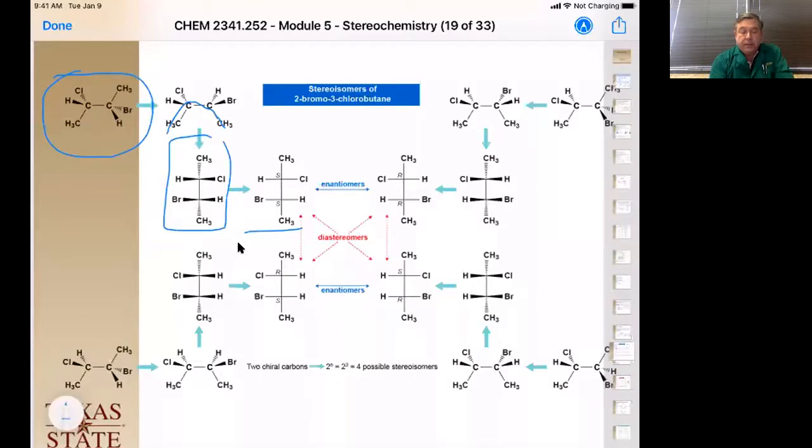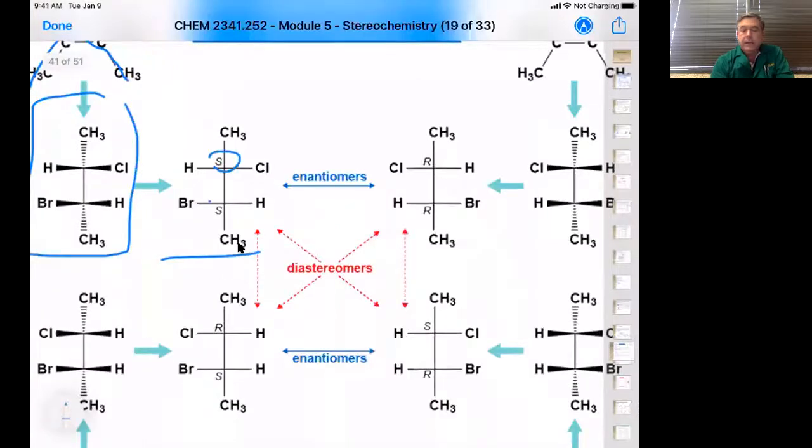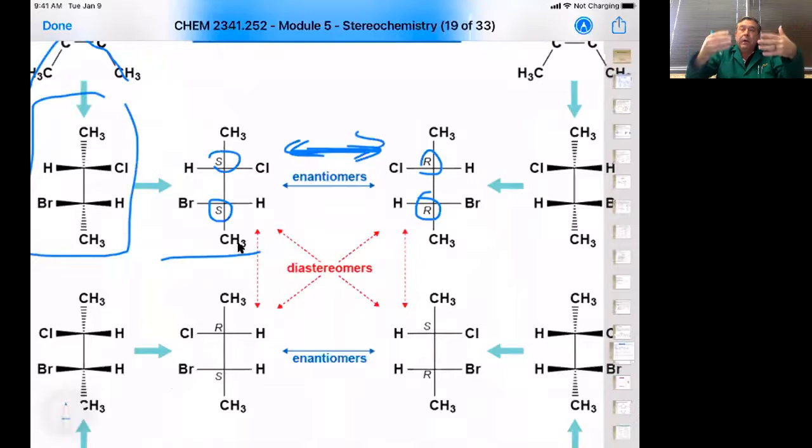And in this case here, we have an S and an S, which means its enantiomer is the R and R. Remember, the enantiomer is going to be equal and opposite, so it's non-superimposable. Okay, so that makes this set here of enantiomers. Okay, so how do we go from the one set of enantiomers to the other set of enantiomers?